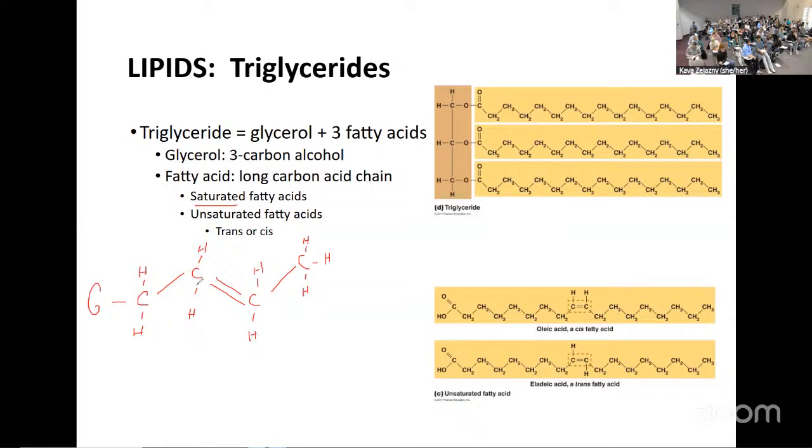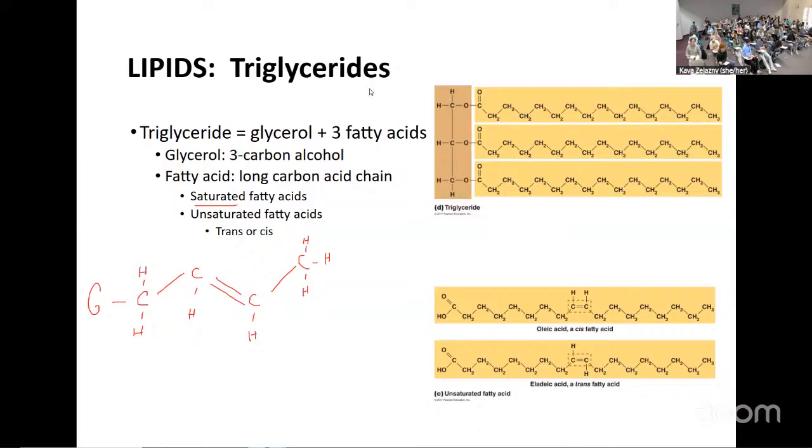Right now I have 1, 2, 3, 4, 5 around each of these two carbons. So the result is that we lose a hydrogen from each of those carbons. So that's why they're unsaturated, right? We had to take away some of that hydrogen. So that's an unsaturated fatty acid.